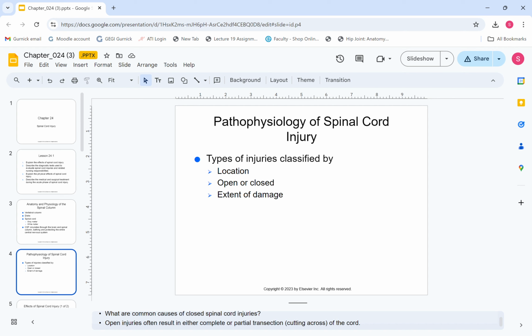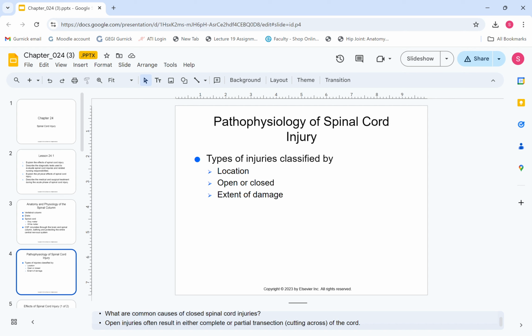With a complete transection of a spinal cord, you're going to lose all sensation and muscle control below that transection. Now, with a partial transection, you might retain some function below that injury. You might have some sensation, you might have some motor control because it's only partially cut.